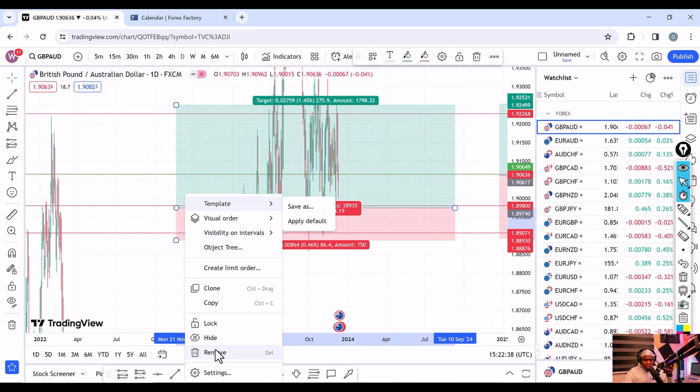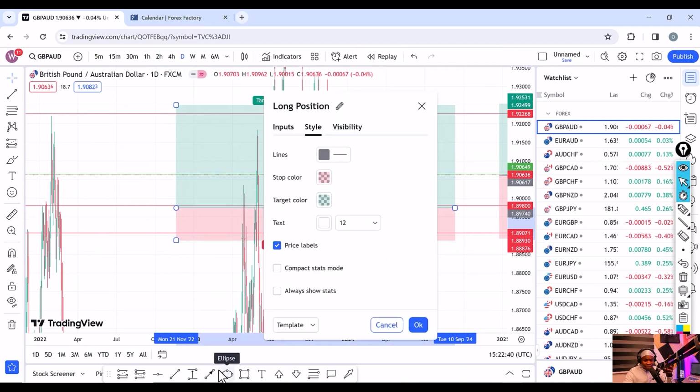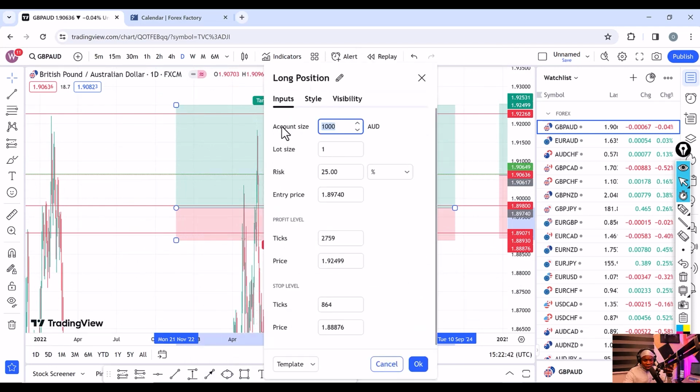So I'm going to come here, you click on settings, you come to input. Okay, so what you can see is the entry price is 1.89740. The profit level or the take profit is 2,759. But what you do is you divide it by 10, meaning your actual profit level is 275 pips.